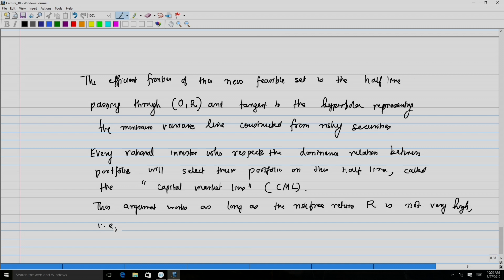That is, by very high means that R is less than the expected return of the minimum variance portfolio.